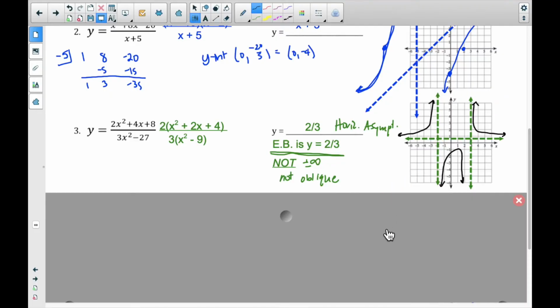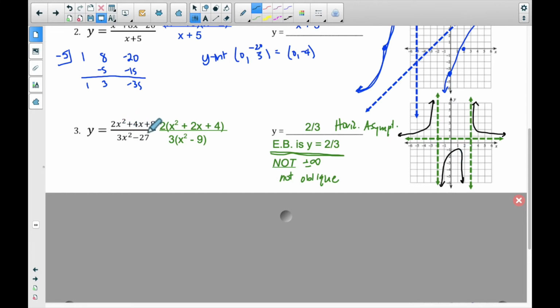Okay, and then again, the question will come up, how do I know if I should put it up here or down here? My answer is going to be plug in some numbers and see. So for instance, if I plug in a -3 and work it out, I should get a positive answer. Whereas if I plug in a 0, well, we can do that easily.